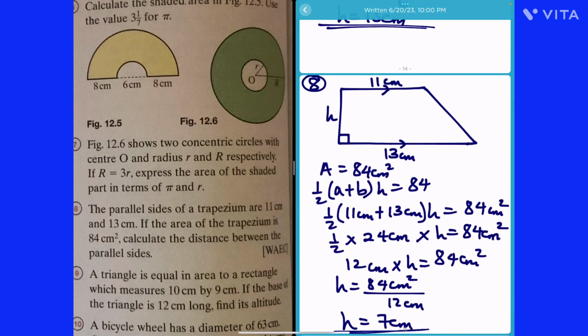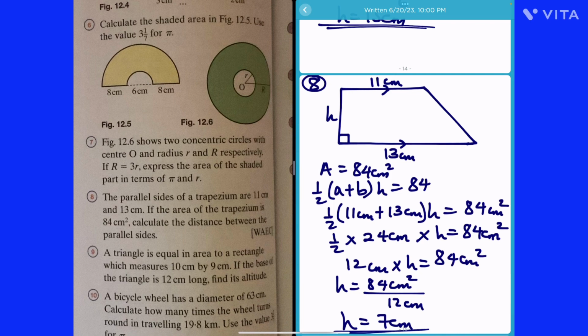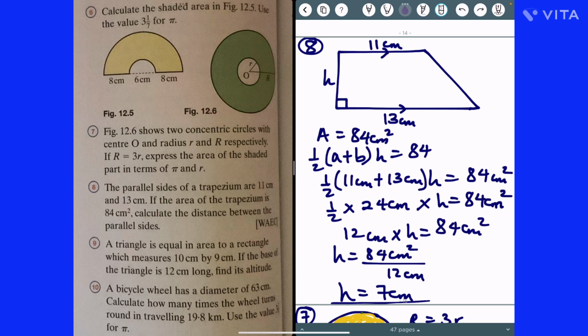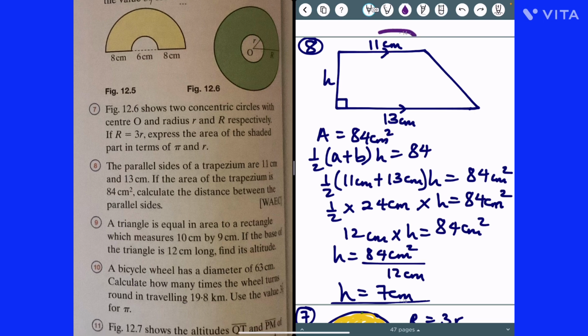In question 8, it says the parallel sides of a trapezium are 11 centimeters and 13 centimeters. You put 11 on the shorter one and 13 on the longer one. The question says, if the area of the trapezium is 84 centimeters squared, calculate the perpendicular distance between the two parallel sides.